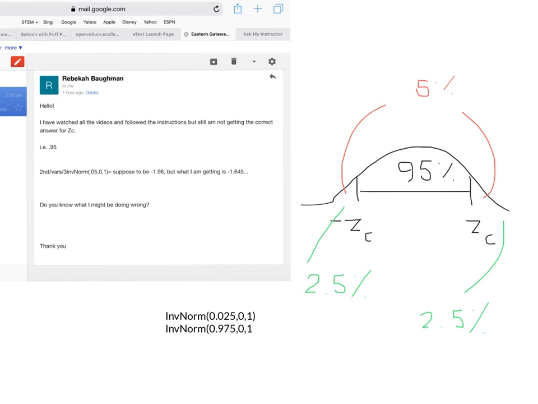And you will find that when you enter that command, it's not necessary, but when you enter that command, you do get a critical value of positive 1.96.